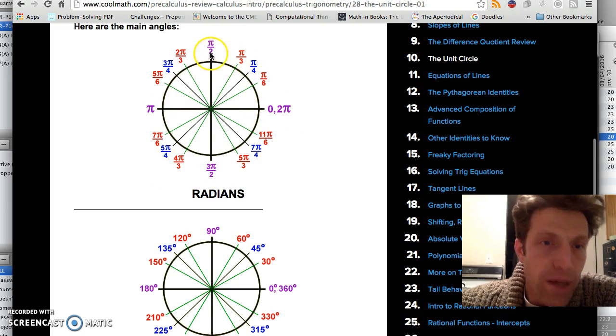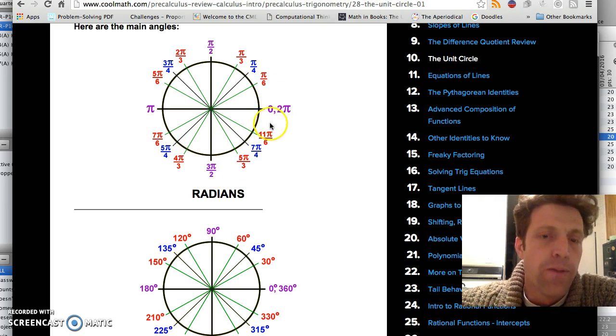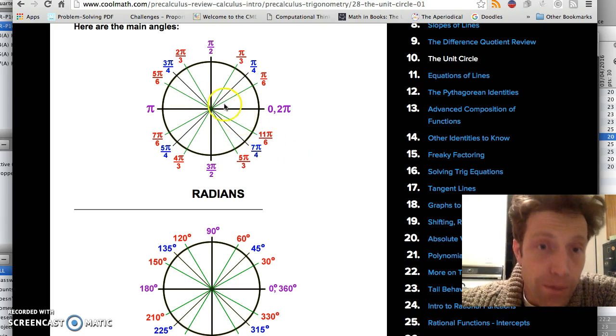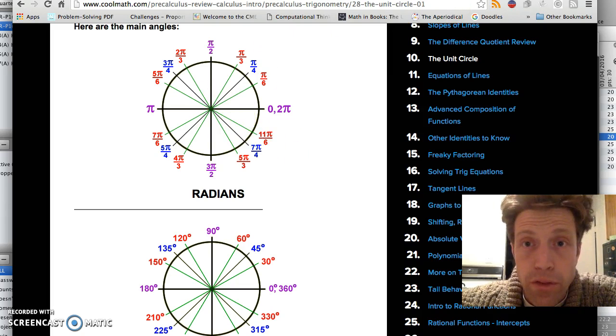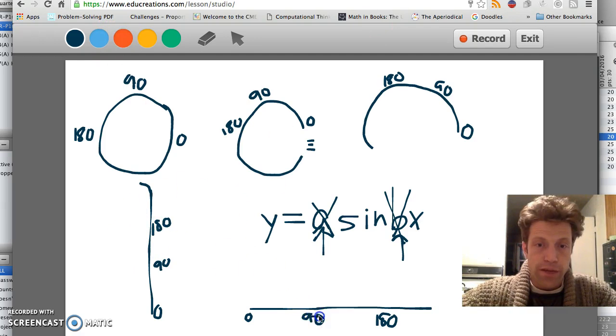So it's not 0, 90, 180, 270. It's 0, pi over 2, or 1/2 pi, 1 pi, 1.5 pi, 2 pi. And then lots of in-betweens. But that becomes, when we unroll the circle, then we don't have 90, we have pi over 2.